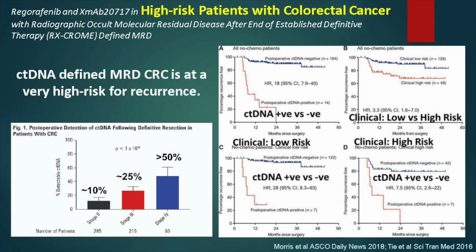So 70 to 80% of patients that were ctDNA positive but did not have a scan that showed cancer will, within a year, show some signs of cancer on that scan. On the other hand, if you are ctDNA negative, so there is no tumor DNA in your blood that was identified by these tests, the chances of that recurrence are as low as 10 to 20%. So this is a very strong prognostic tool.